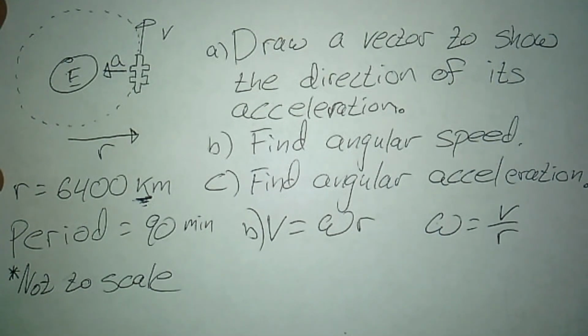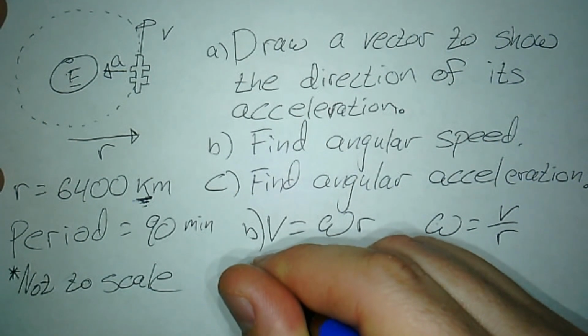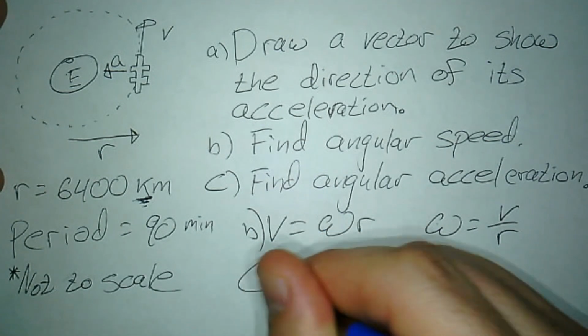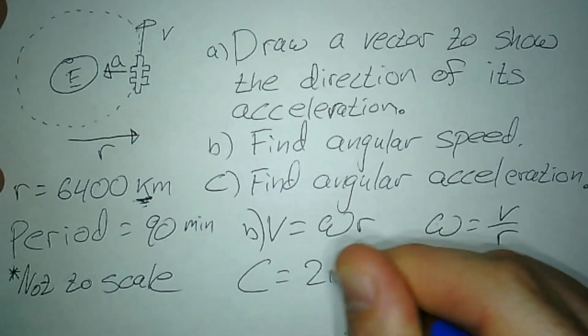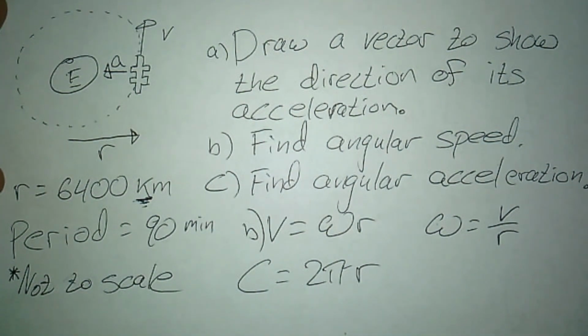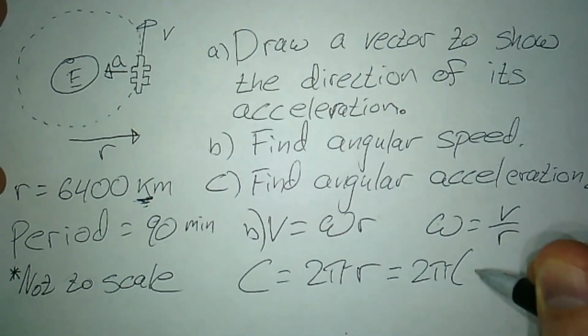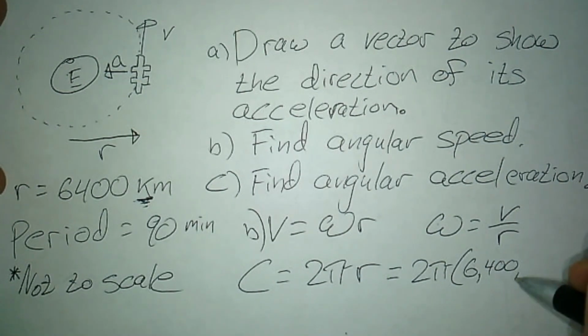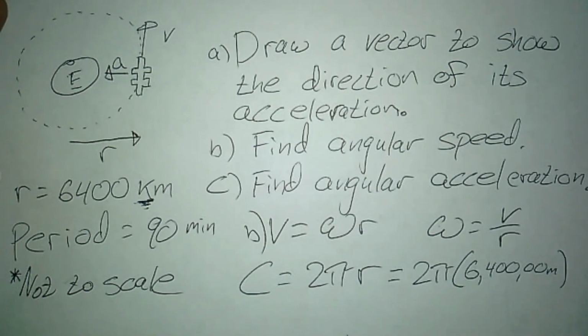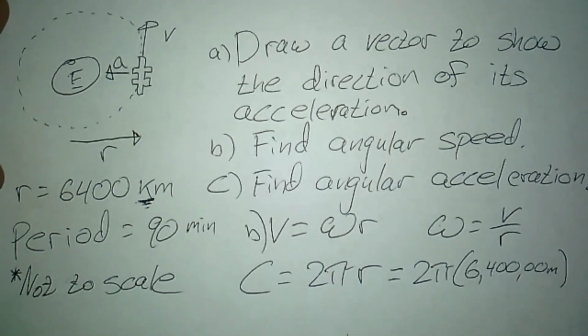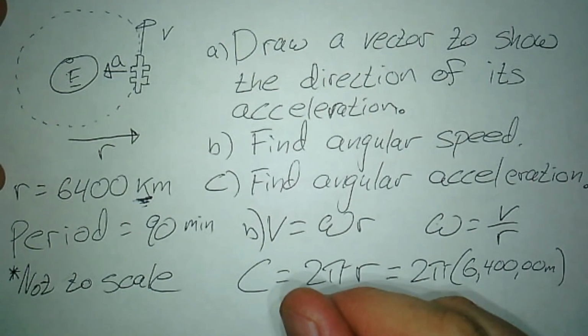So let's go ahead and find our linear speed first. We know that your circumference is equal to 2 pi r. So we can write that as 2 pi times 6,400,000 meters. We're just going to try and keep things simple.